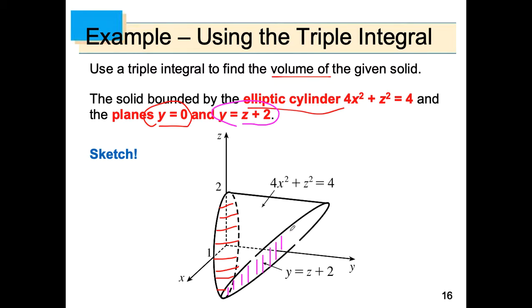Now to graph this thing, again, I think it's pretty easy for you to graph the cylinder and to cut it off here at the base where y equals 0. The hard part will be here, and what makes it easier is knowing where these two intersect.